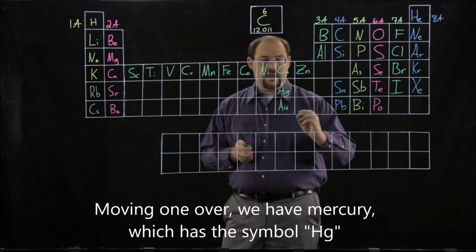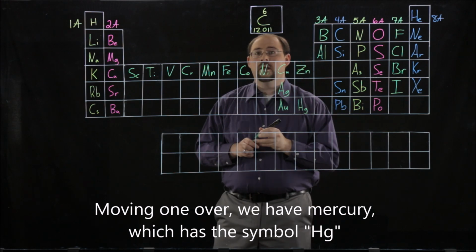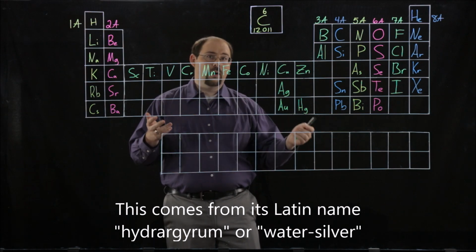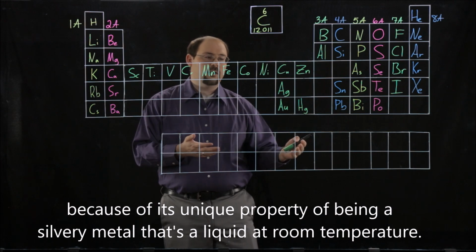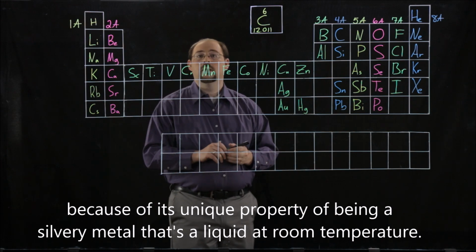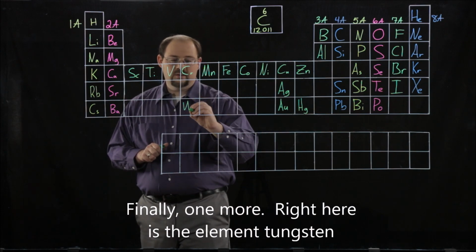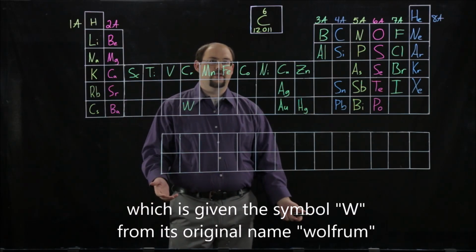Moving one over, we have mercury, which has the symbol Hg. And this comes from its Latin name, hydrogyrum, or water silver, because of its unique property of being a silvery metal that's a liquid at room temperature. Finally, one more. Right here is the element tungsten, which is given the symbol W from its original name, wolfram.